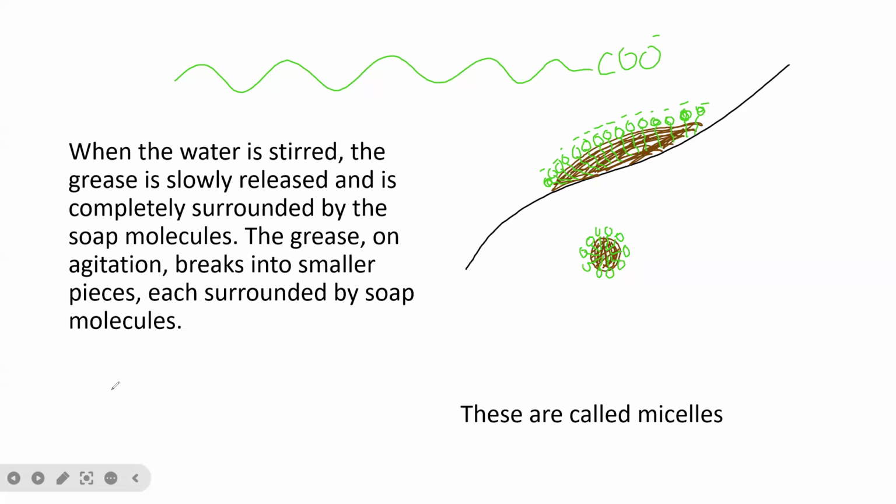These are called micelles. So let me draw another one. You should have this diagram in your notebook. So this is another grease particle, and these are soap molecules surrounding it. So on agitation, you're going to have plenty of particles of this.